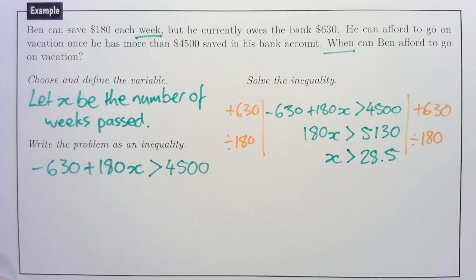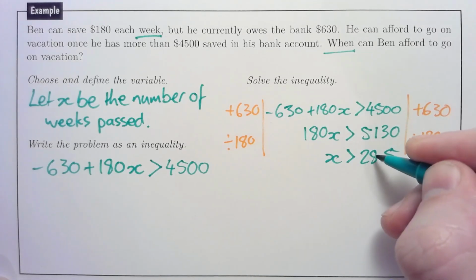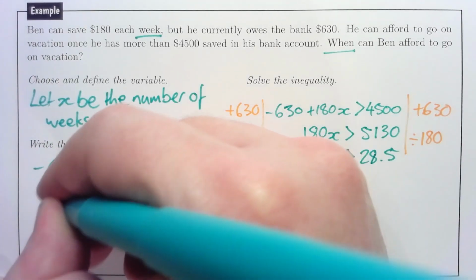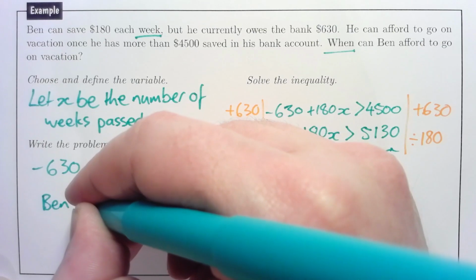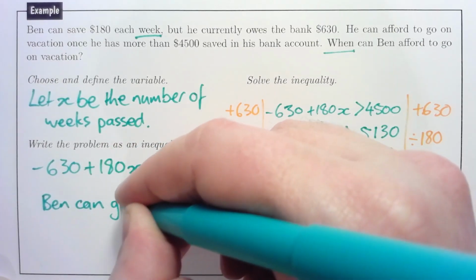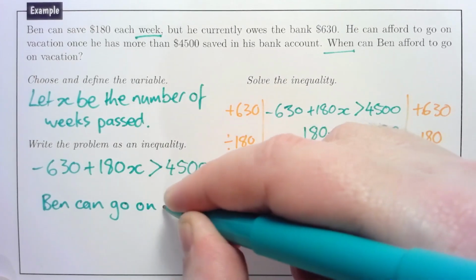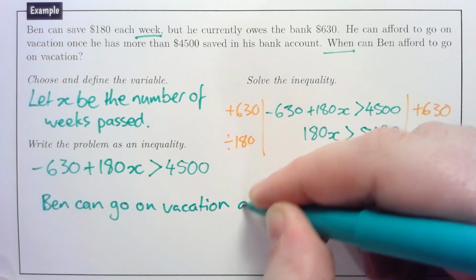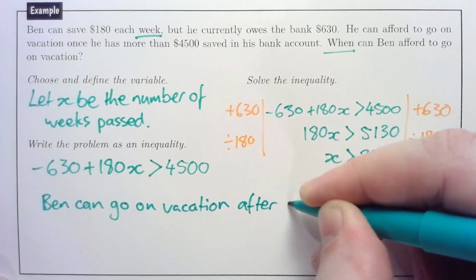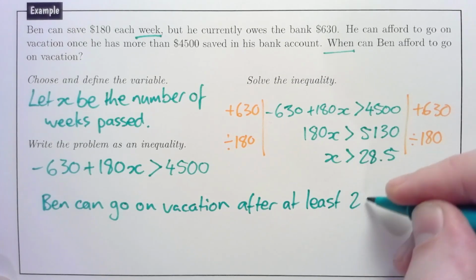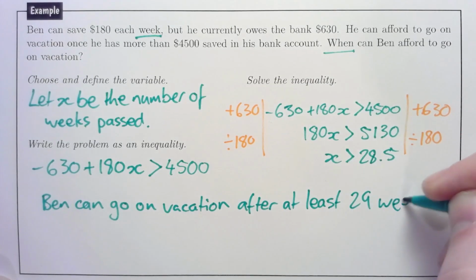So it doesn't really make sense to say he can go on vacation halfway through the week. So let's say that Ben can go on vacation after at least 29 weeks.